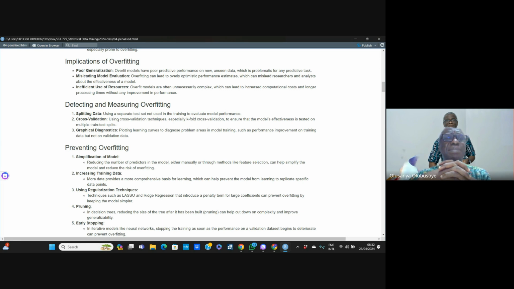Then you can apply the cross-validation techniques. We've talked about the K-fold cross-validation, which is very popular. You have the two-fold cross-validation. There are several types of cross-validation techniques.